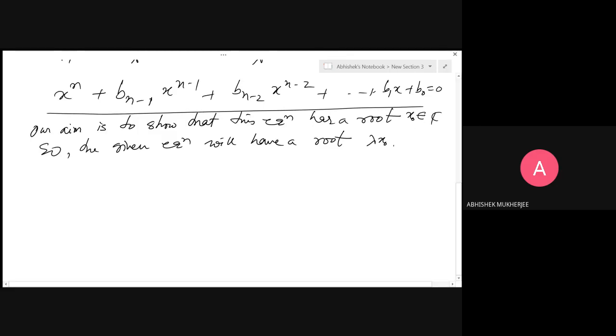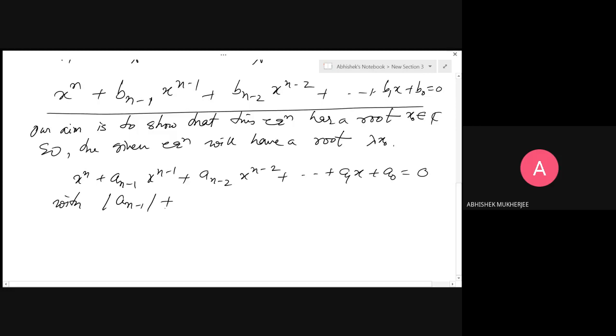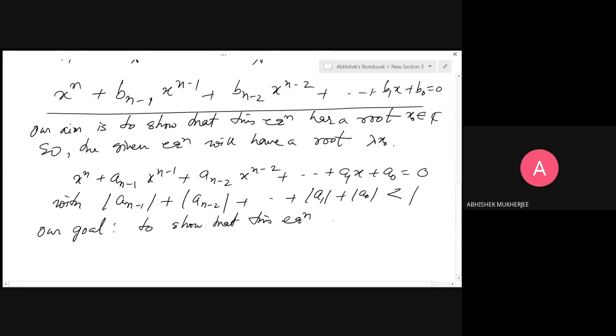So our aim is to show that the equation x^n + a_{n-1} x^{n-1} + a_{n-2} x^{n-2} + ... + a_1 x + a_0 = 0, with the condition that the modulus of a_{n-1} plus the modulus of a_{n-2} plus the modulus of a_1 plus the modulus of a_0 is less than 1, and our goal is to show that this equation has a root in the unit ball.